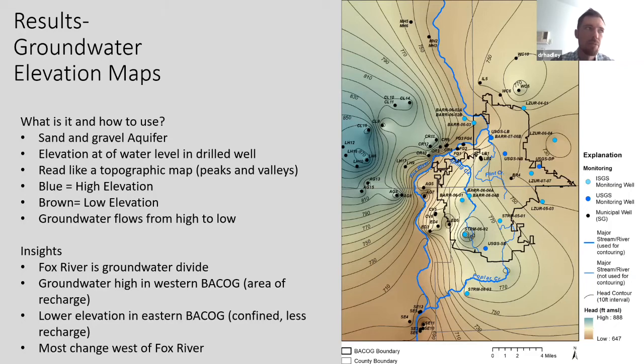And I just wanted to make the statement that from 2014 to 2019, what we have the data for, there hasn't been substantial change west of the Fox River for me to be concerned about water levels in the BACOG region. Does that make sense?